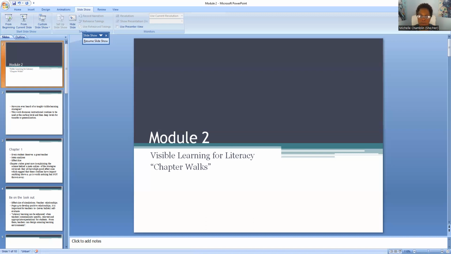Okay, so a little bit more about chapter 1. Towards the end of the chapter, you will have a clear understanding of how the authors define surface level, deep level, and transfer, and that teachers should include challenge, self-efficacy, and learning intentions with success criteria in all lessons.